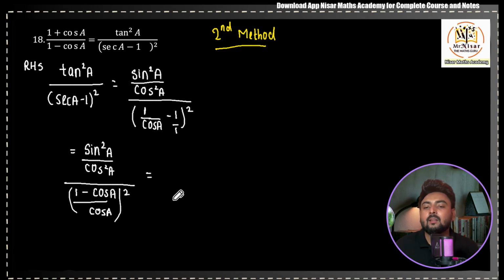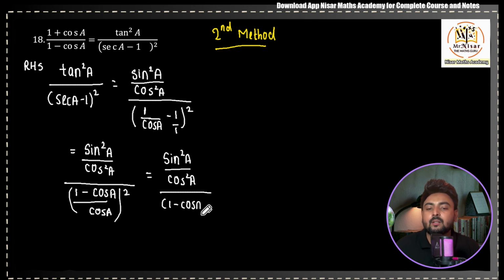Then can I write like this, children? Sine square A upon cos square A. The first fraction is as it is. I'll separate here, separate the numerator and the denominator. See, I have done this a lot of times, separating the powers. Then what happens, I'll just make a line and I'll go for the next half part.